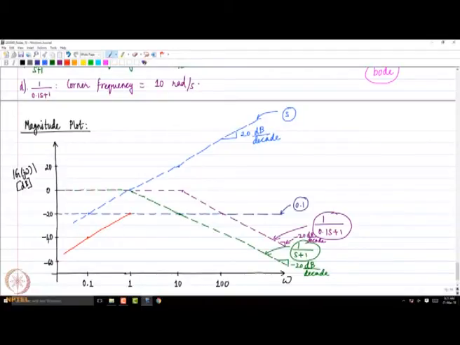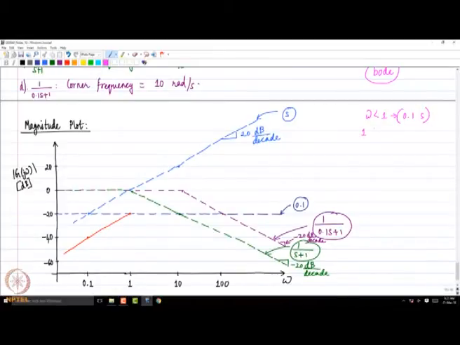Till omega less than 1, what I am plotting is 0.1 times s, because that is what will contribute to the magnitude plot.